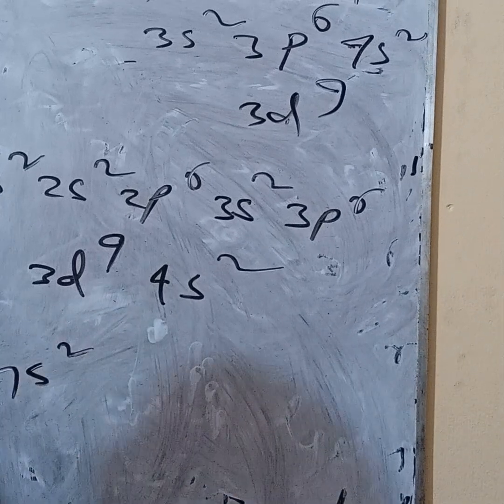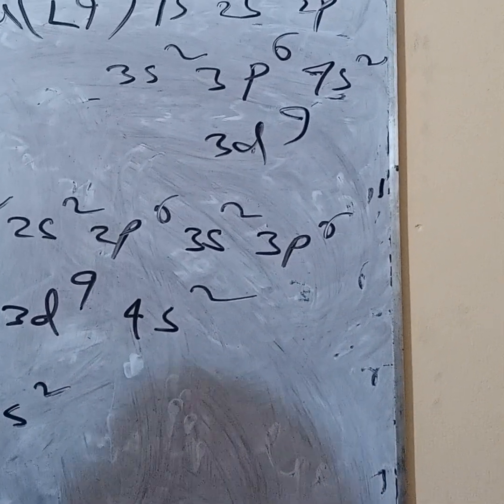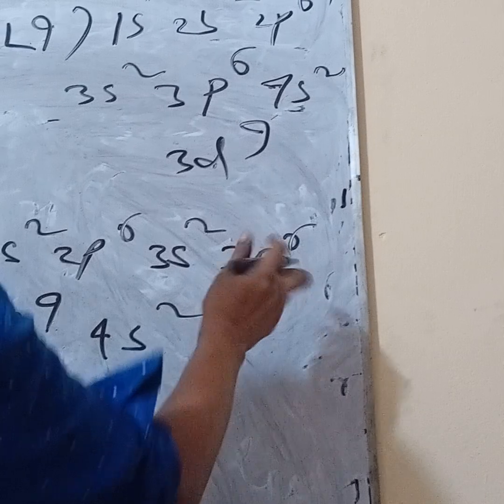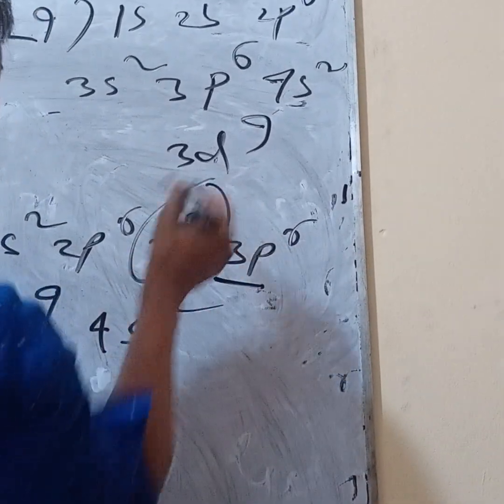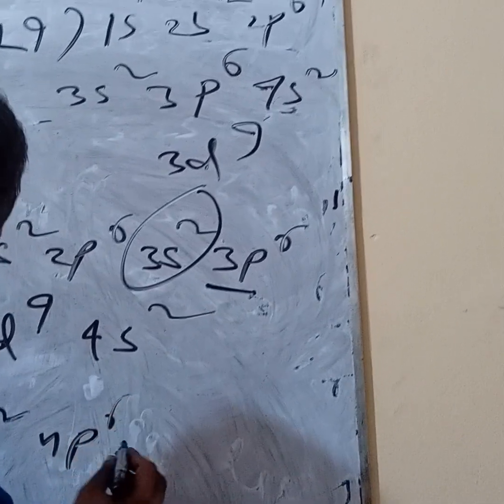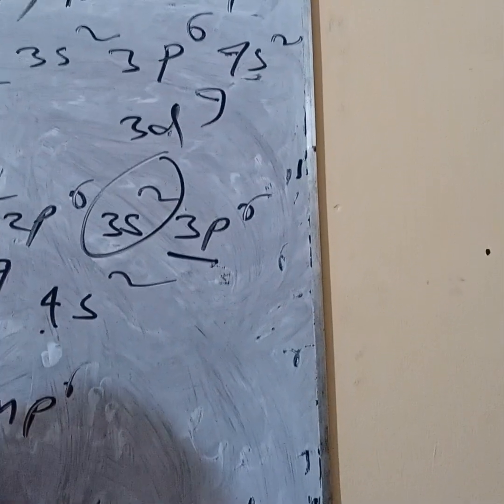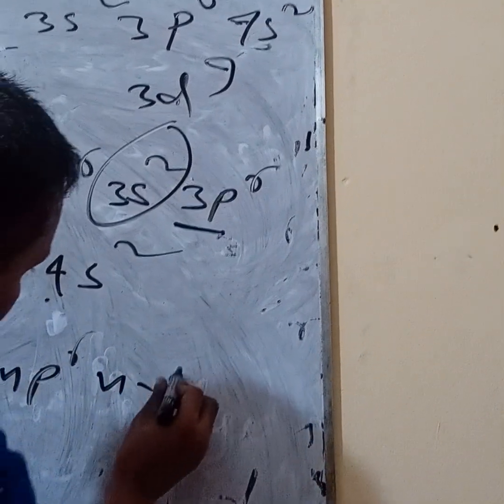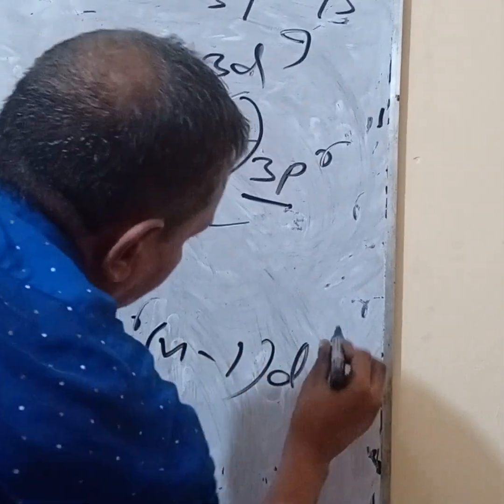And then what? 4s2 and not necessarily 4p. And p6, d, and 4 less 1, (n-1)d1 to 10.